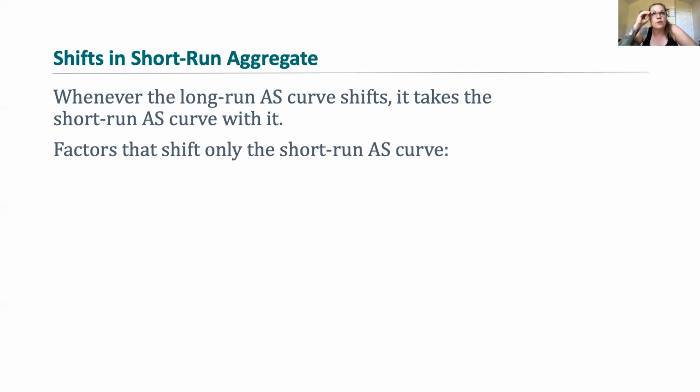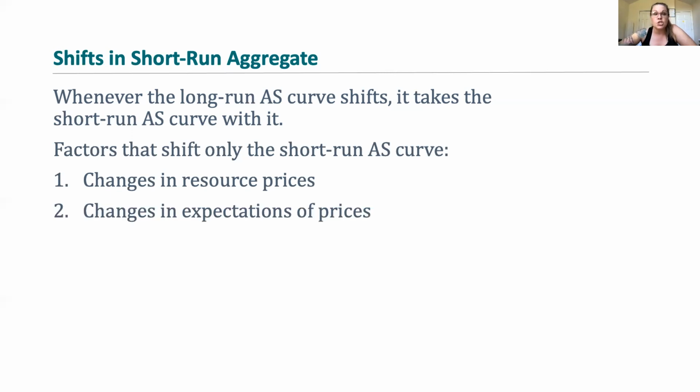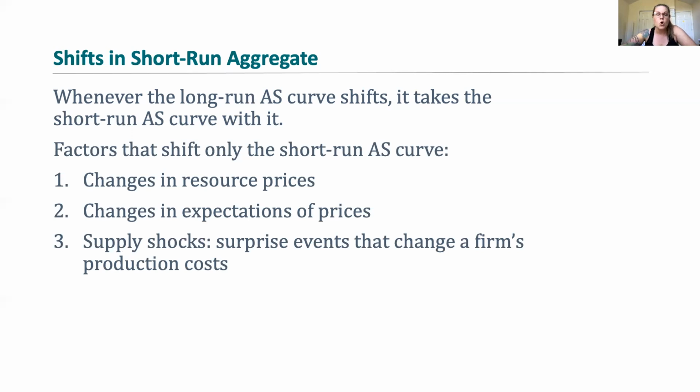The things that would shift short run aggregate supply by itself without affecting long run aggregate supply would be things like changes to the price of your inputs, your resources, changes in expectations about future prices, which means that people start behaving differently now, or other forms of supply shocks like weather events or natural disasters, things that could not be foreseen, surprise events.